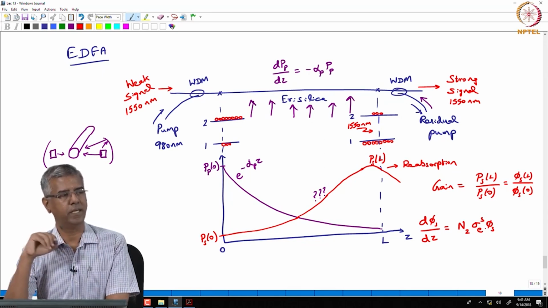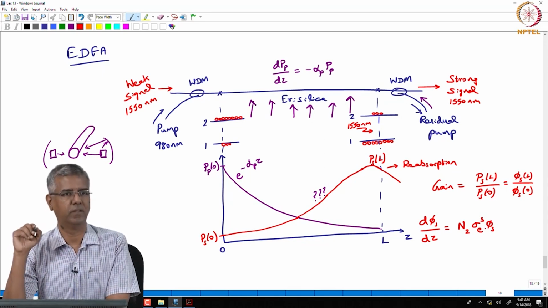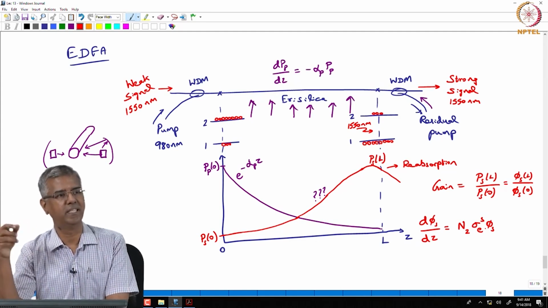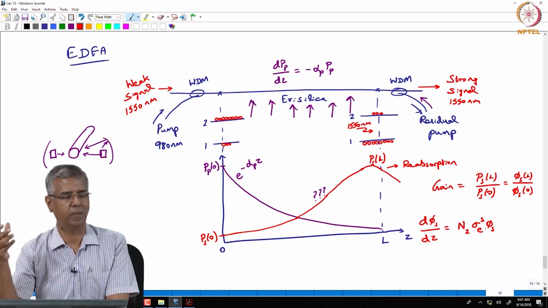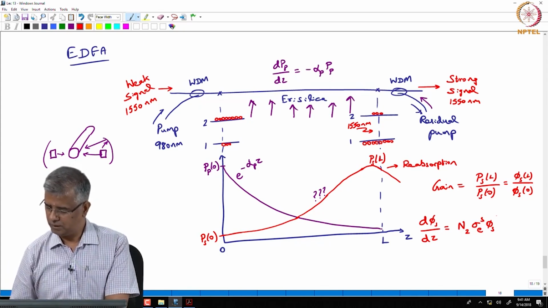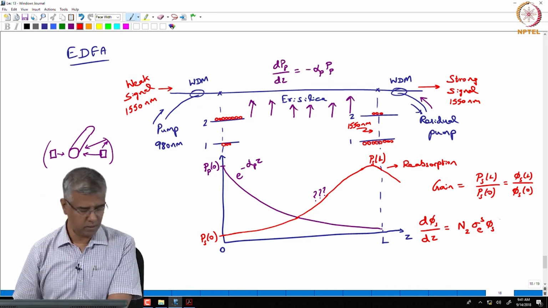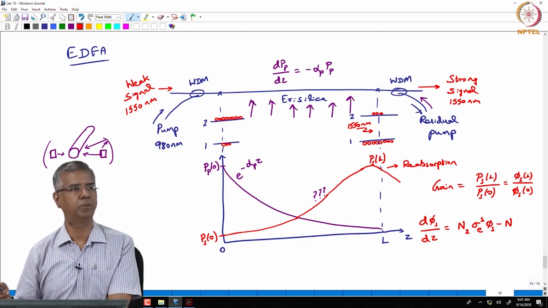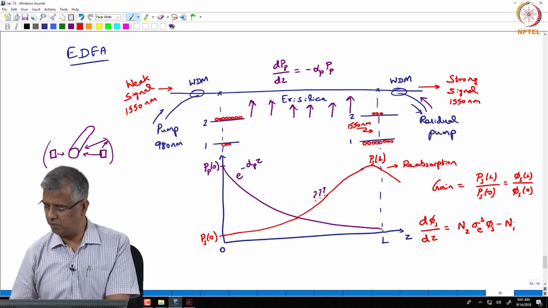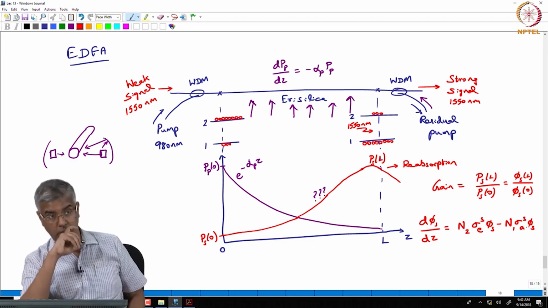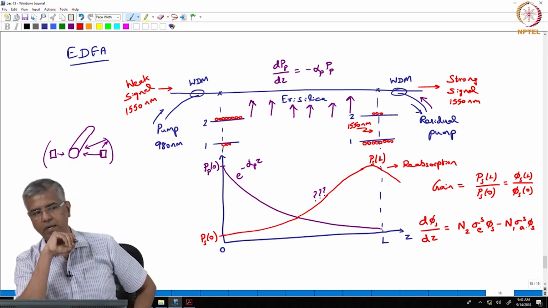Phi s is photons per second. The small phi s we are using as photon flux density; this is the capital phi s, which corresponds to photon flux. So this minus the stimulated absorption term, which I would write as n1 sigma a s phi s at that particular point.